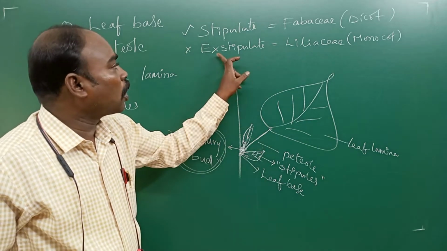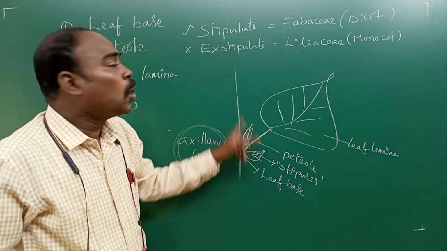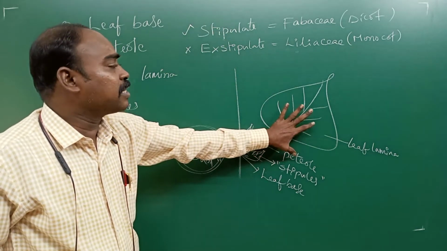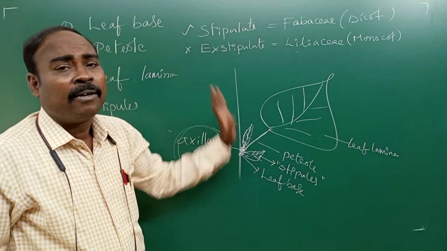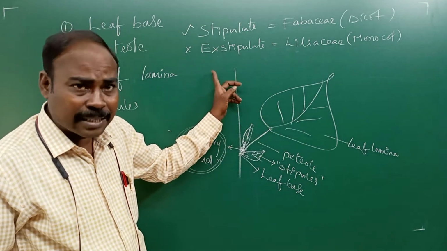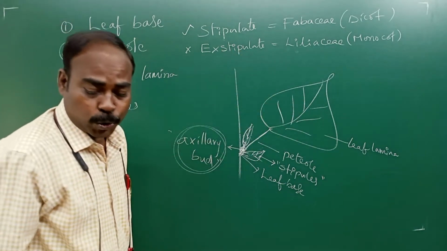Whereas in monocots like the Liliaceae family, stipules are absent, so it is an exstipulate leaf. When stipules are present, the leaf is termed stipulate; when absent, it is termed exstipulate. That is about stipules.